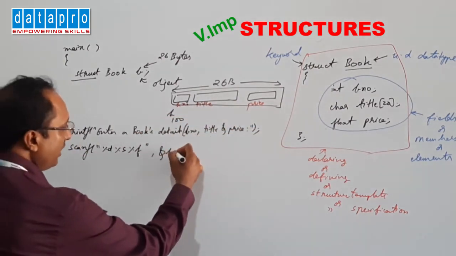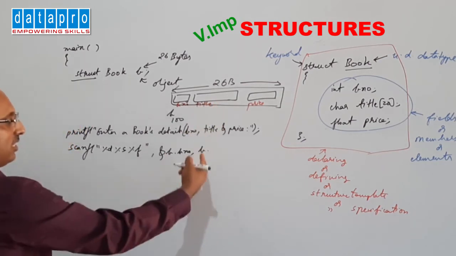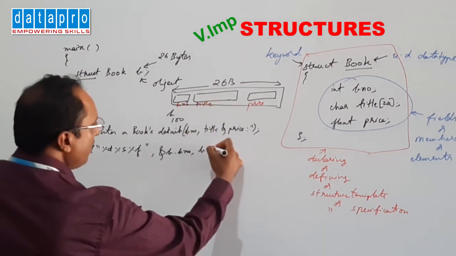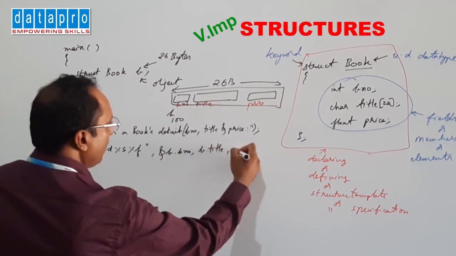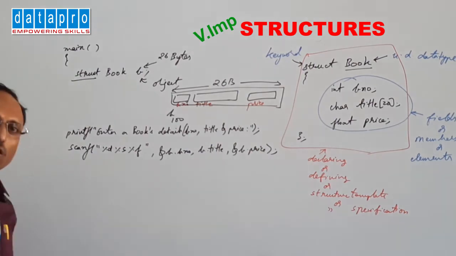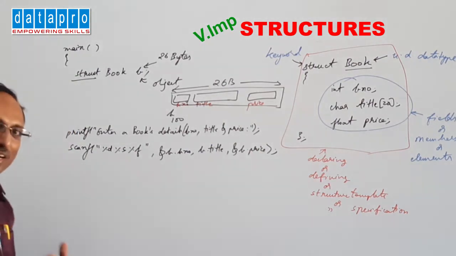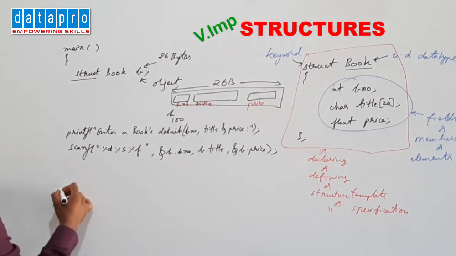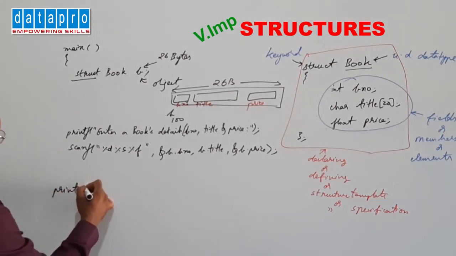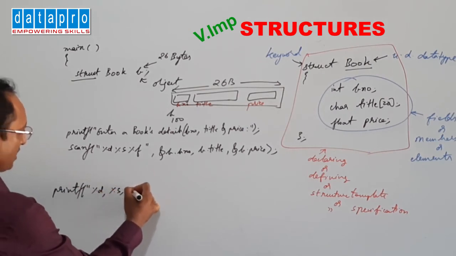Address of b dot book number we have to say. Then for string ampersand is not required. b dot title, then address of b dot price. This is how we read data into a structure object. Now let's print it for verification. Percentage d, comma, percentage s, comma, percentage f.